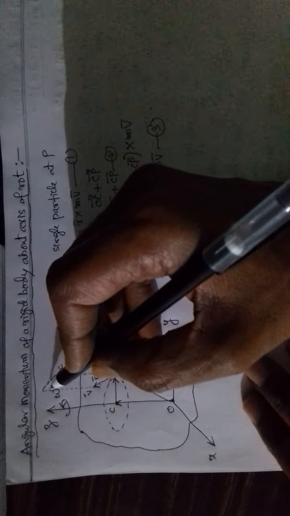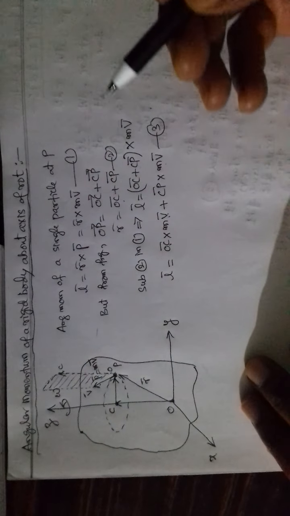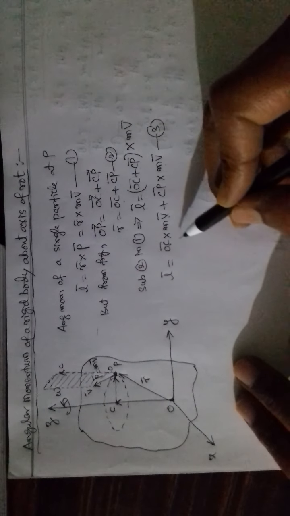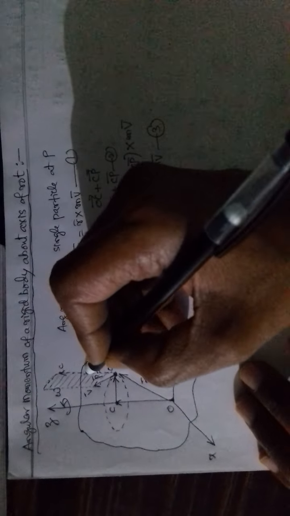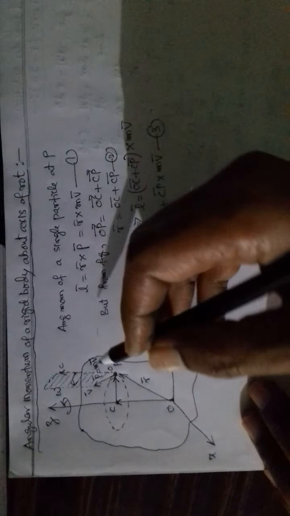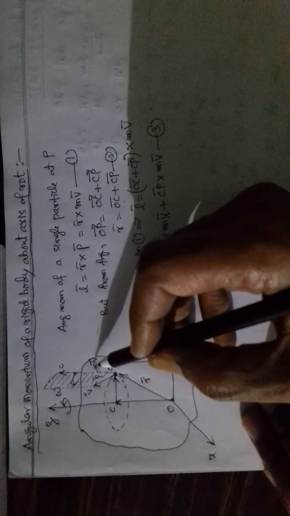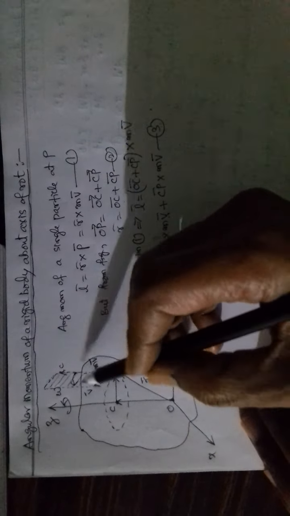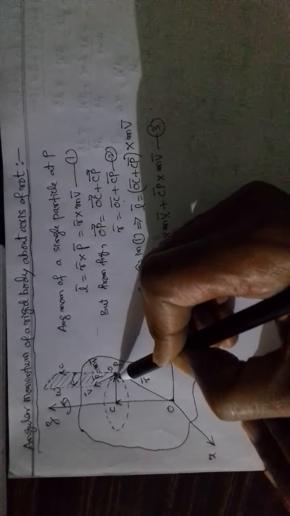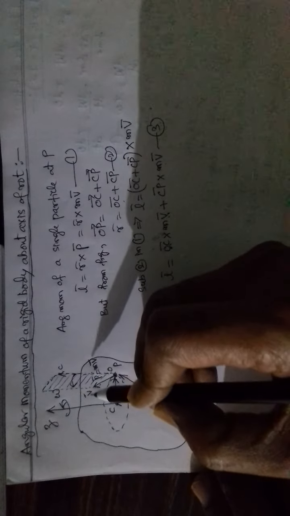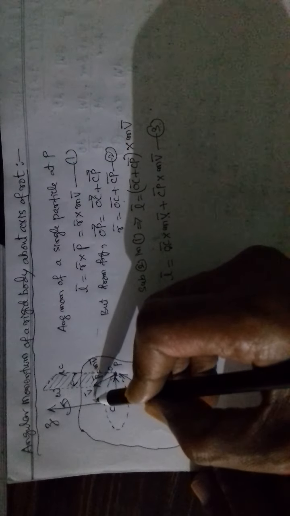Now let us imagine a plane formed by OC and V. Let us move a right-handed screw from OC to V. See, this is a vertical plane, and if a screw is moved from OC to V, the screw moves in this direction.